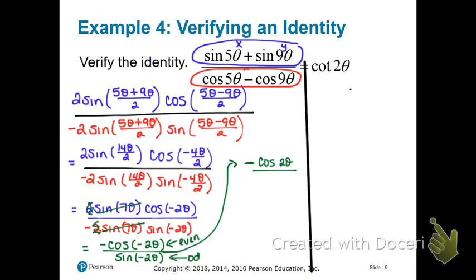And what does that mean? The negative in front. Yeah, it's going to have the negative in front. So sine of negative 2 theta is equal to negative sine of 2 theta. And then we know a negative over negative is a positive. Cosine over sine is cotangent. So there's our positive cotangent of 2 theta.